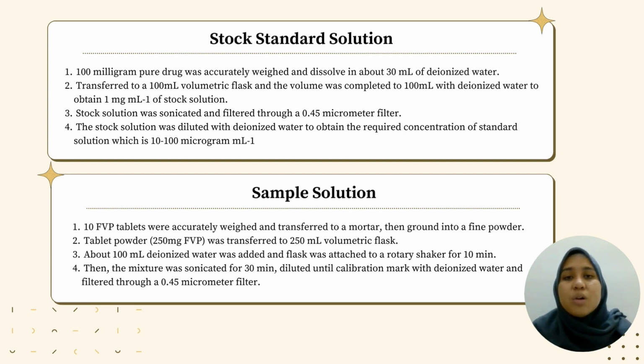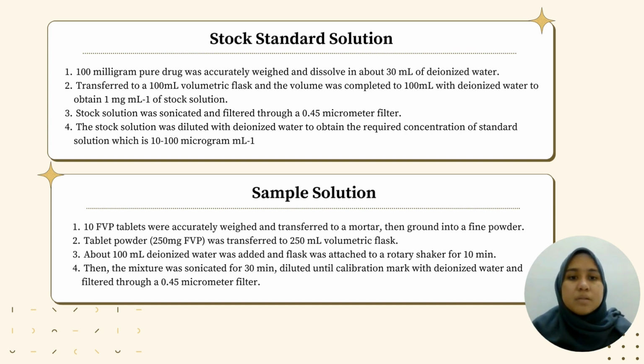The stock solution then was sonicated and filtered through a 0.45 micrometer filter. The stock solution then was diluted with deionized water to obtain the required concentration of standard solution, which is 10 to 100 microgram per ml, before being injected into the system for analysis.